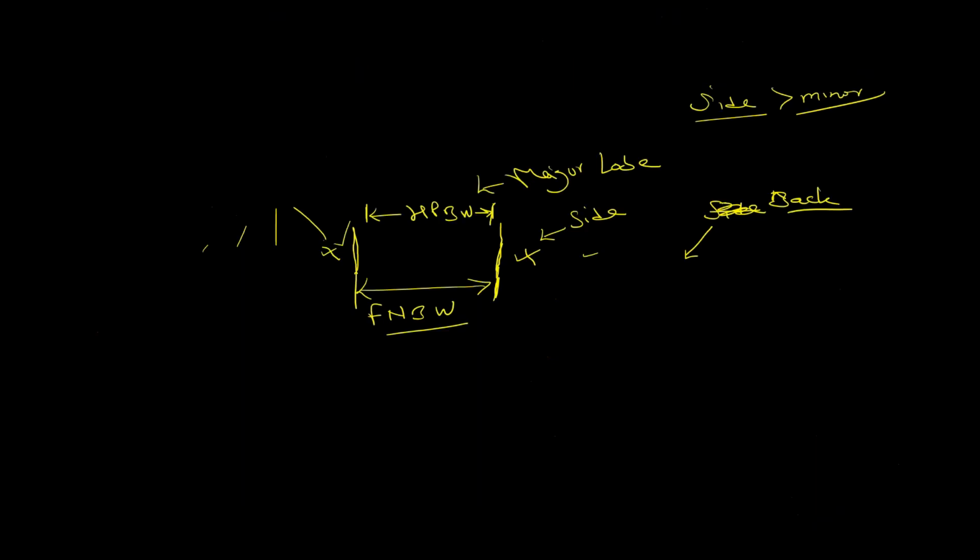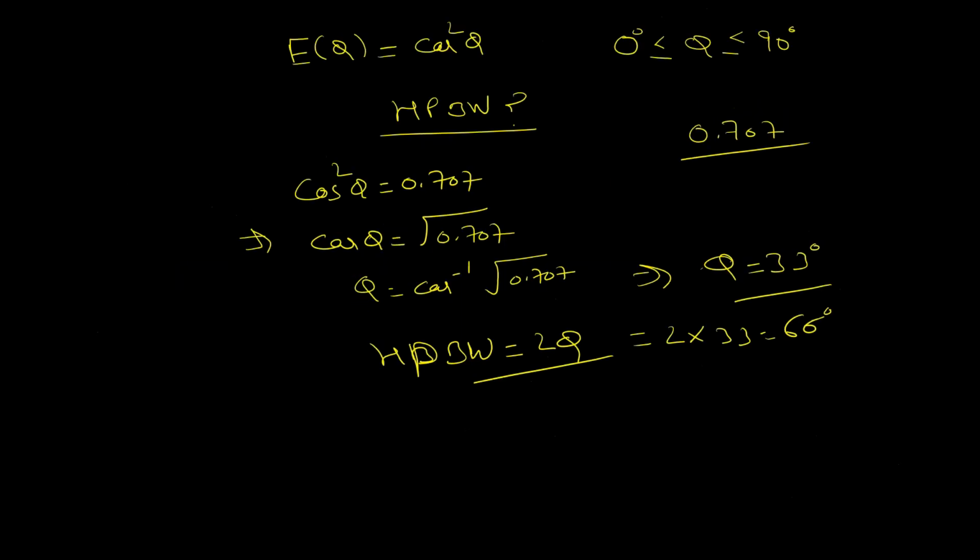So let us solve one more numerical. Now it is given that again E theta is given. E theta is cos theta cos 2 theta.